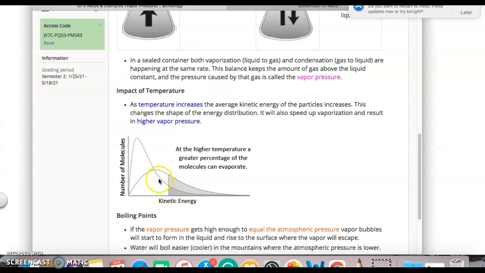Anytime your diagram goes further across the kinetic energy, which we said relates to temperature, it means it's going to have a higher temperature. So even though it looks shorter, it's still a hotter diagram.